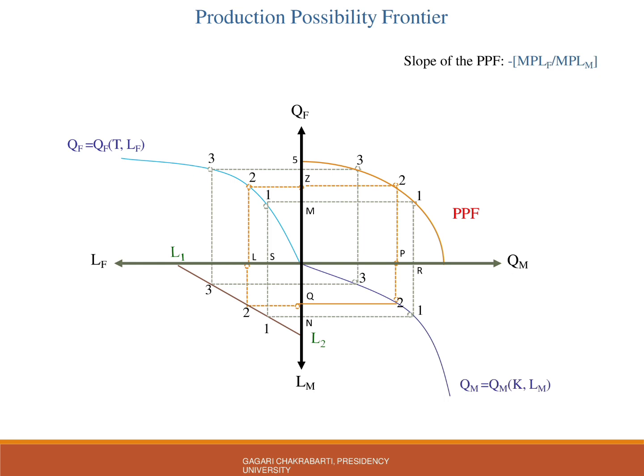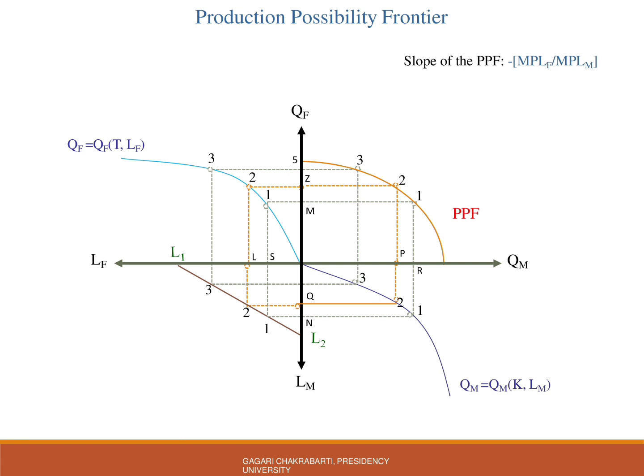So therefore we can read from the corresponding production function to find out the food production and the manufacturing product produced in the economy. So from the diagram it is clear that OM amount of food will be produced and OR amount of manufacturing good will be produced in the economy. So therefore if we just draw perpendiculars from these two points, then they will be meeting at a point like 1 on the QF-QM quadrant.